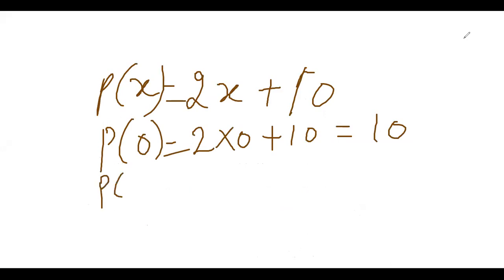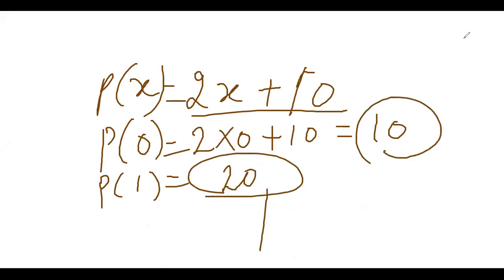If I put 1 here, then I'll get 2 plus 10, 12. Like this, I will get some value if I put any value of the variable. कोई भी variable की value put करोगे. Variables are like containers कि आप जिसमें कोई भी value put कर सकते हो. और आप different values put करोगे तो answer भी different आएंगे.